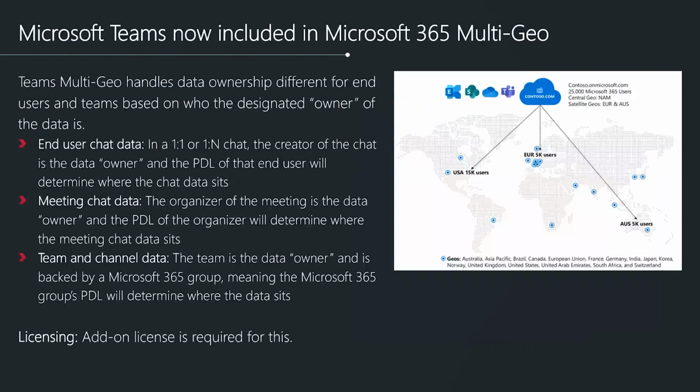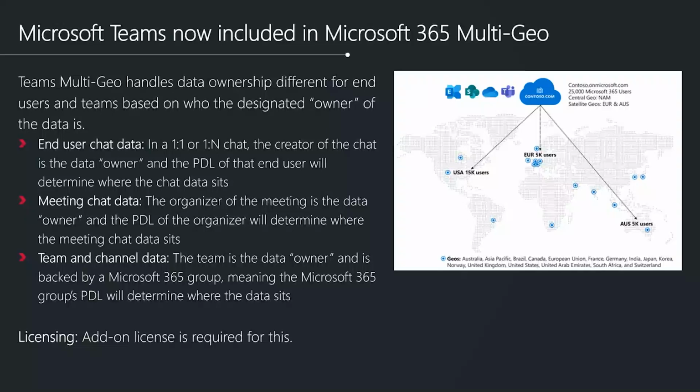Multi-Geo. So again, this is one of those things some customers have asked for, specifically customers with offices in multiple geographic locations and in multiple compliancy regimes. A lot of other Microsoft services have already been able to do this. The two big ones were Exchange and SharePoint and OneDrive for Business.